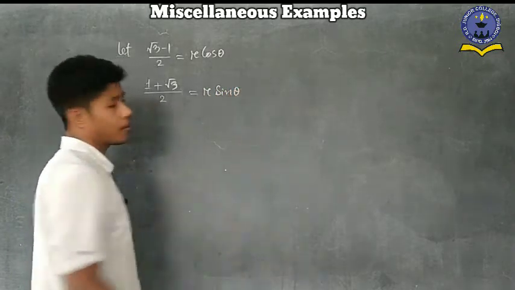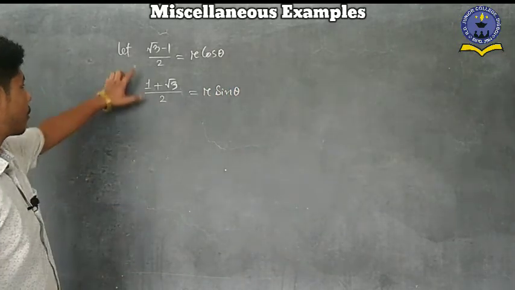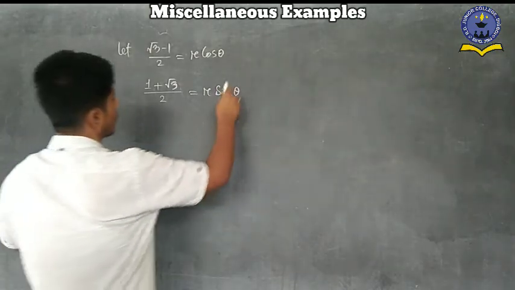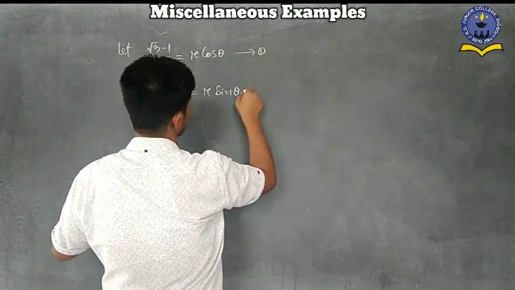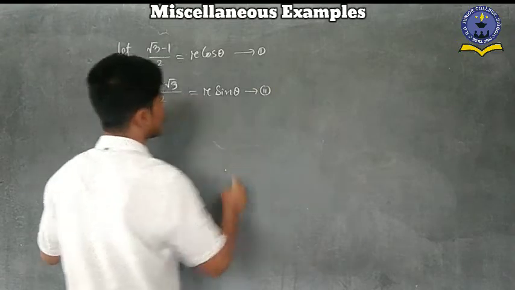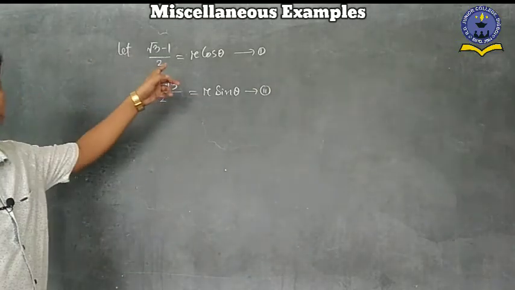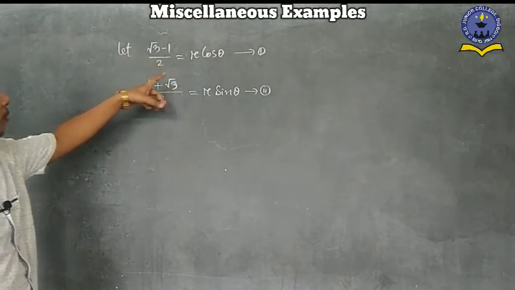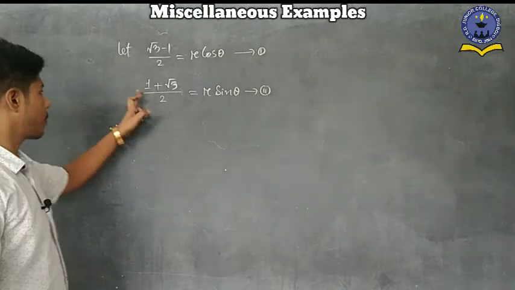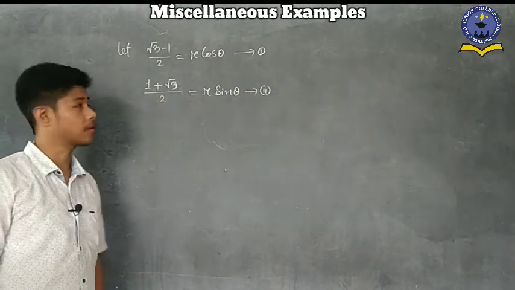So this was the complex number. We put this one as equation number 1, and this one as equation number 2. Is it clear? A plus ib form, root 3 minus 1 by 2 equal to r cos theta, and 1 plus root 3 divided by 2 equal to r sin theta.